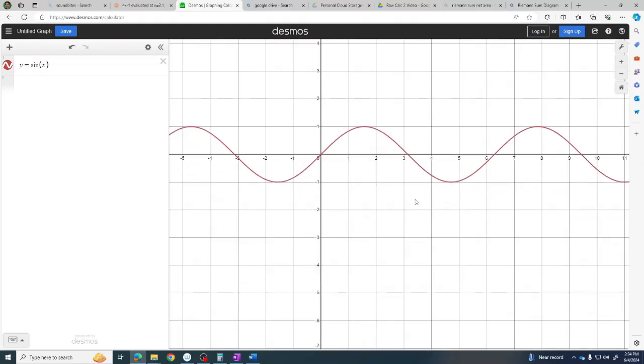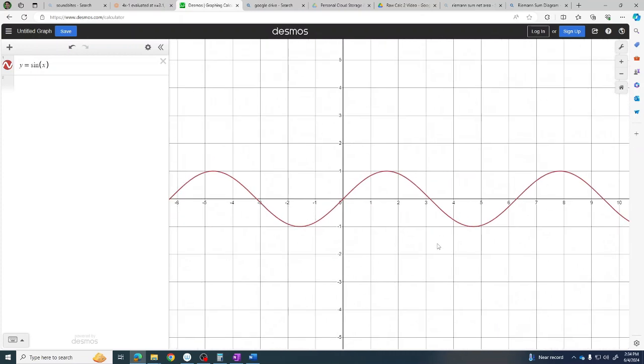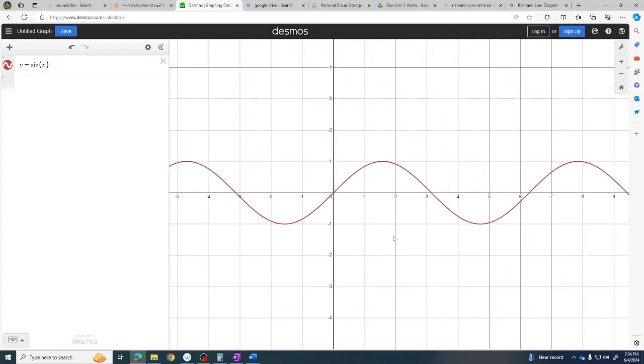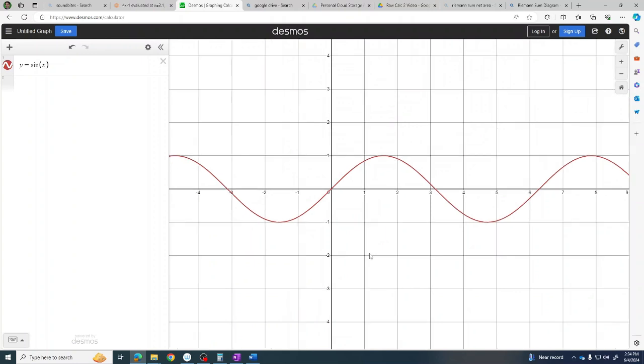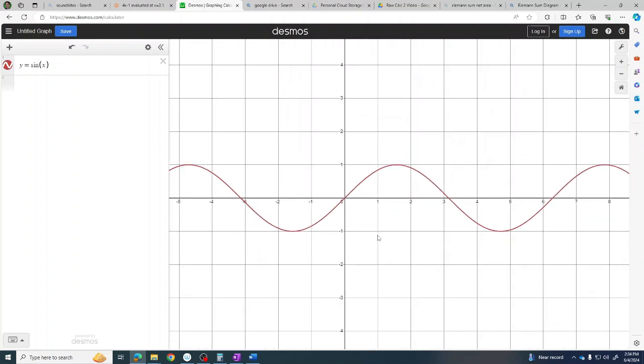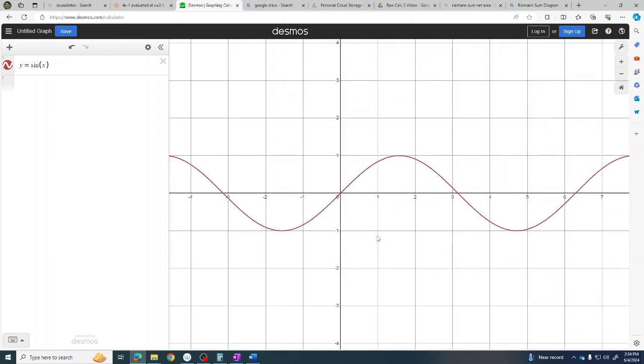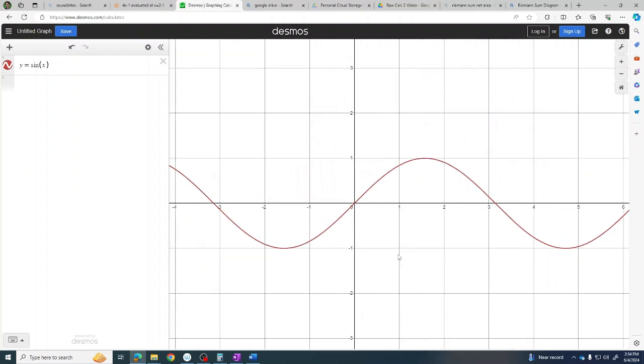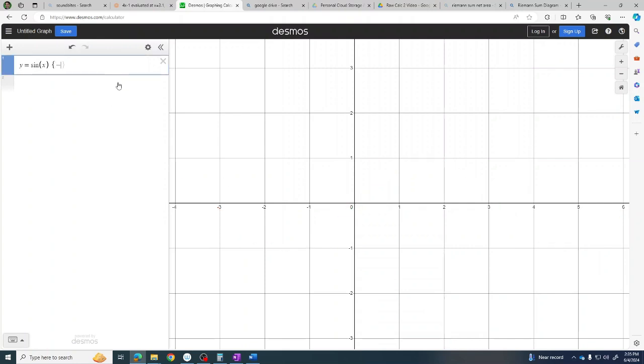Now, bearing in mind that the definite integral represents this net area between the graph of the function and the x-axis, I'm going to get myself over here to Desmos, and I'm going to graph sine of x, and I'm going to look at it on the interval from negative pi to pi, and I'm going to see if anything stands out to me as interesting.